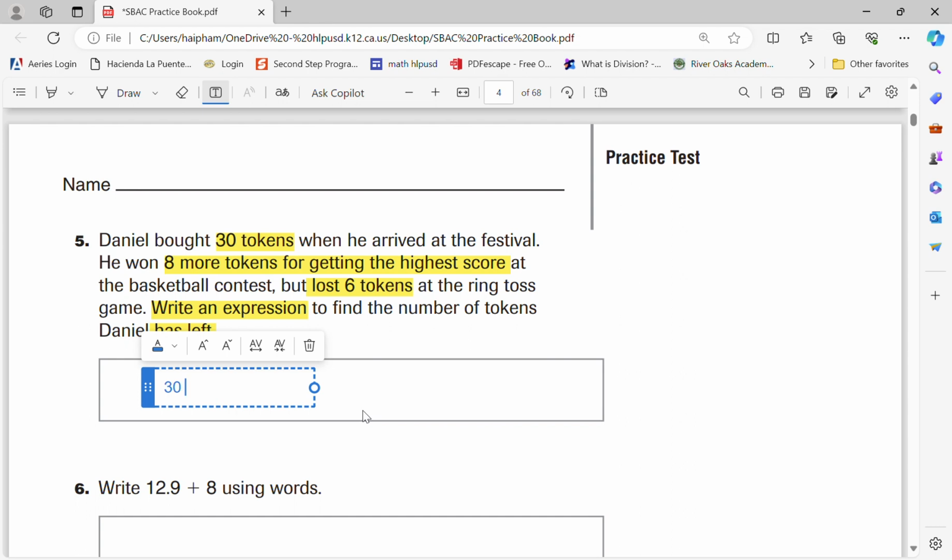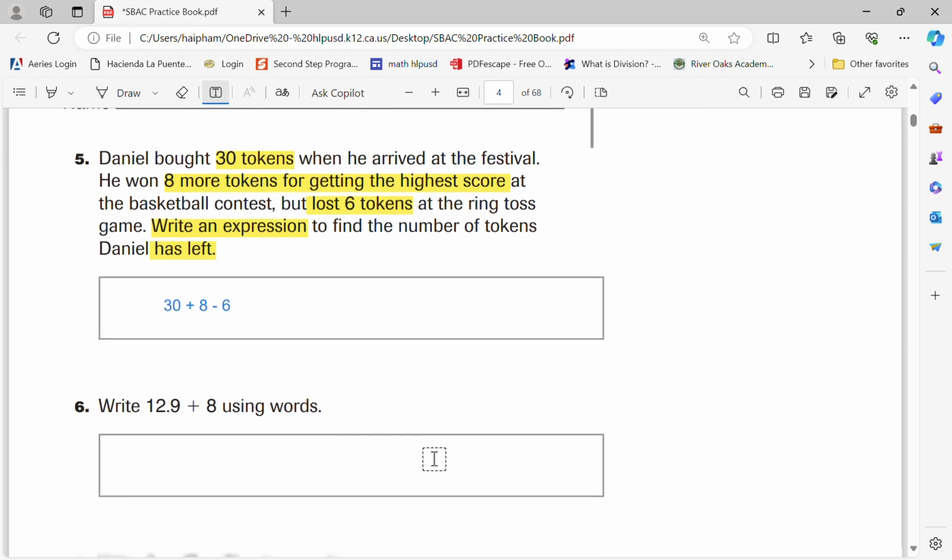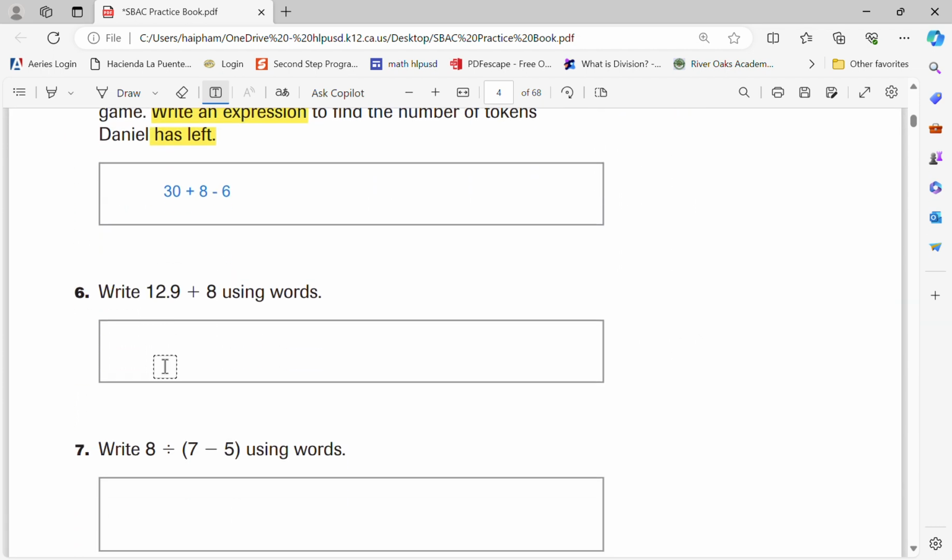As he enters the festival, he wins 8 more for getting the highest score at the basketball contest, but then loses 6 tokens, so we have to subtract there. And there's your expression. Again, the question did not ask us to solve any numbers. Just writing your expression would be a-okay here.